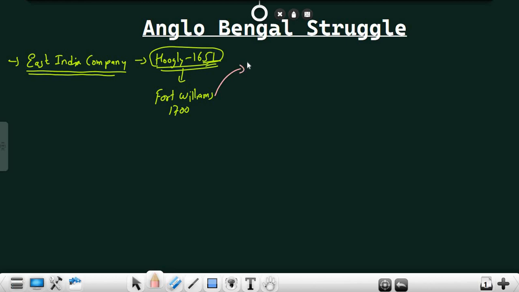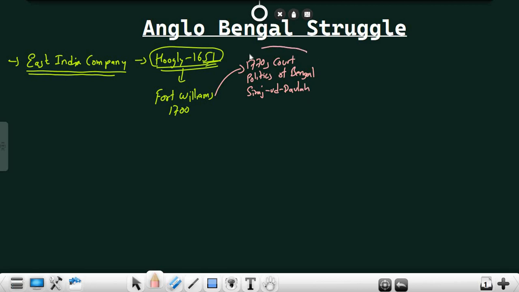and in the 1770s they started interfering in the court politics of Bengal during the reign of Sirajud-Daulah.